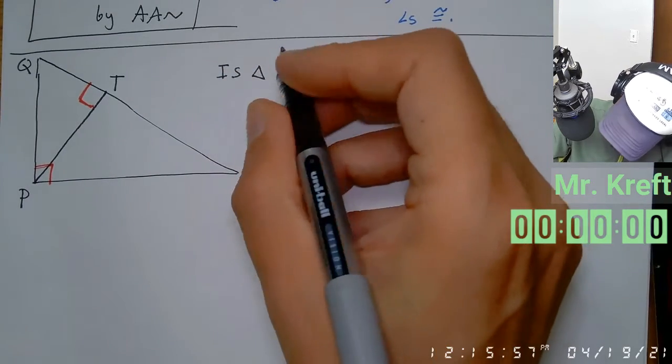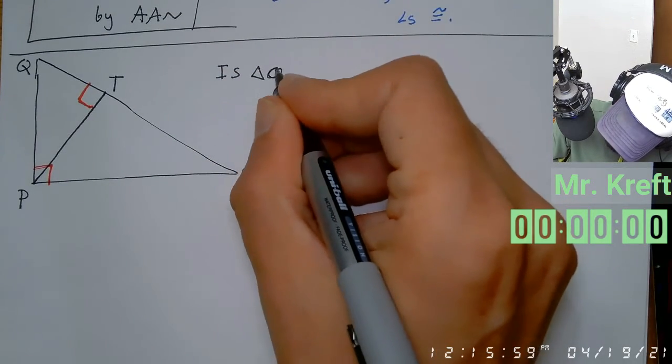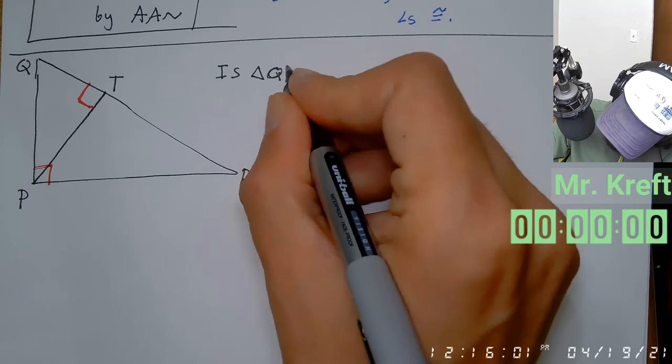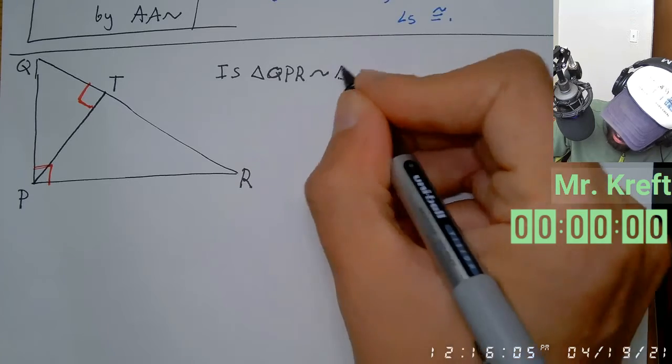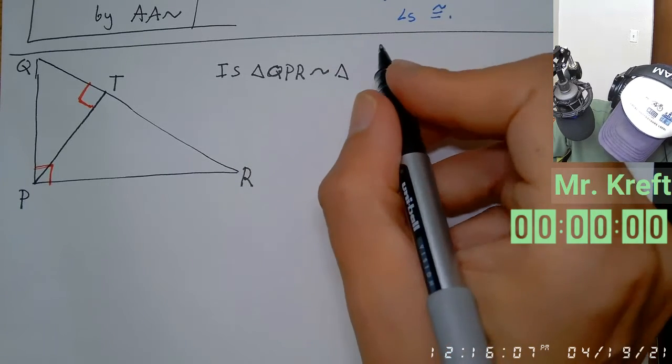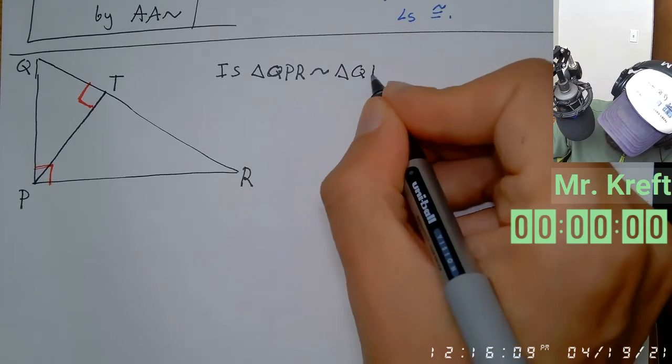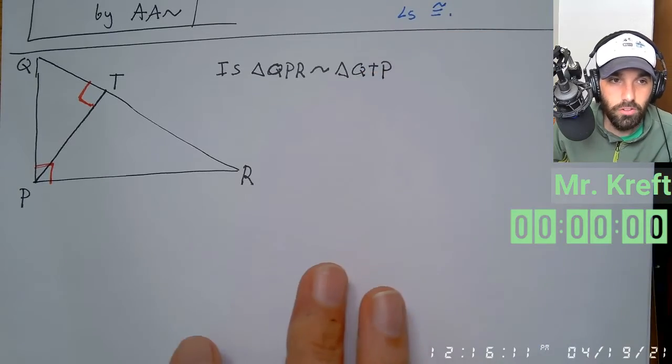Is triangle QPR similar to triangle QTP? So again, this is a little bit of a challenge.